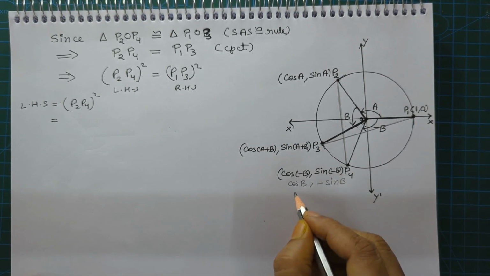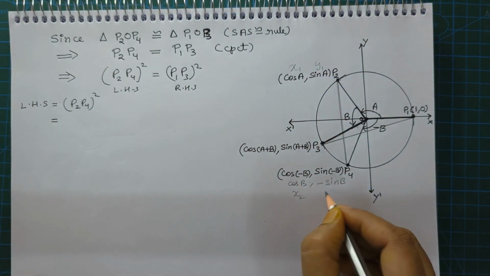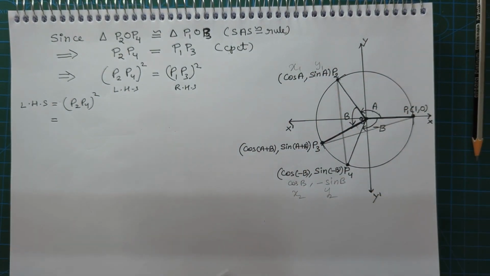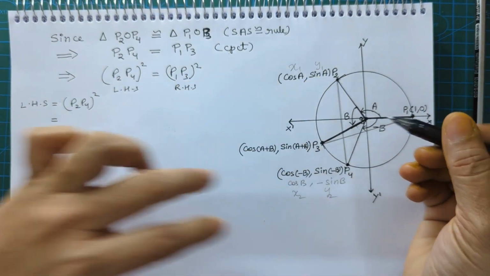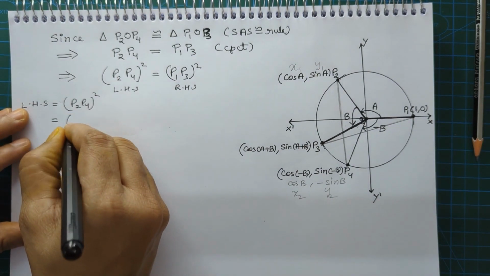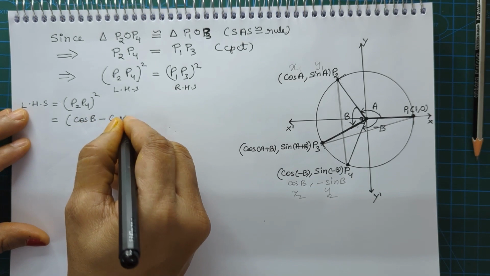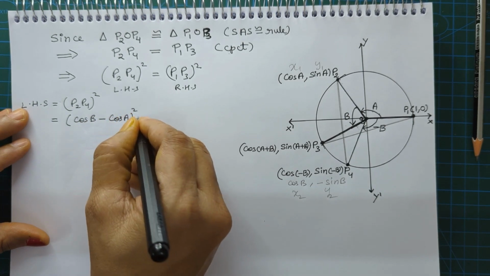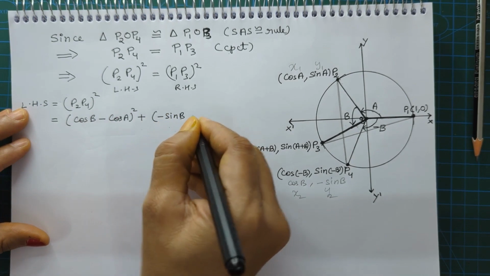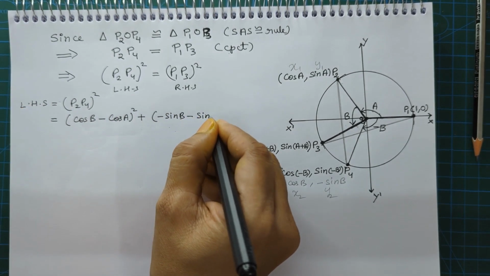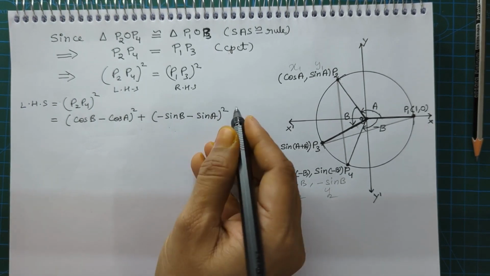So this is x1 y1 and this is x2 y2. We go for the distance formula, (x2 minus x1) whole square plus (y2 minus y1) whole square. So I am writing x2, that is cos b, minus x1, that is cos a, whole square, plus y2, that is negative sin b, minus y1, that is sin a, whole square.